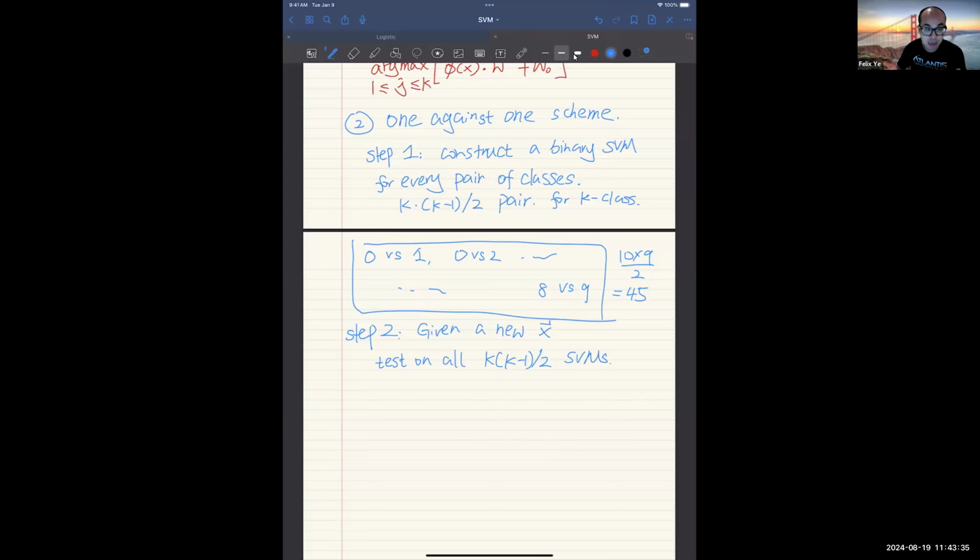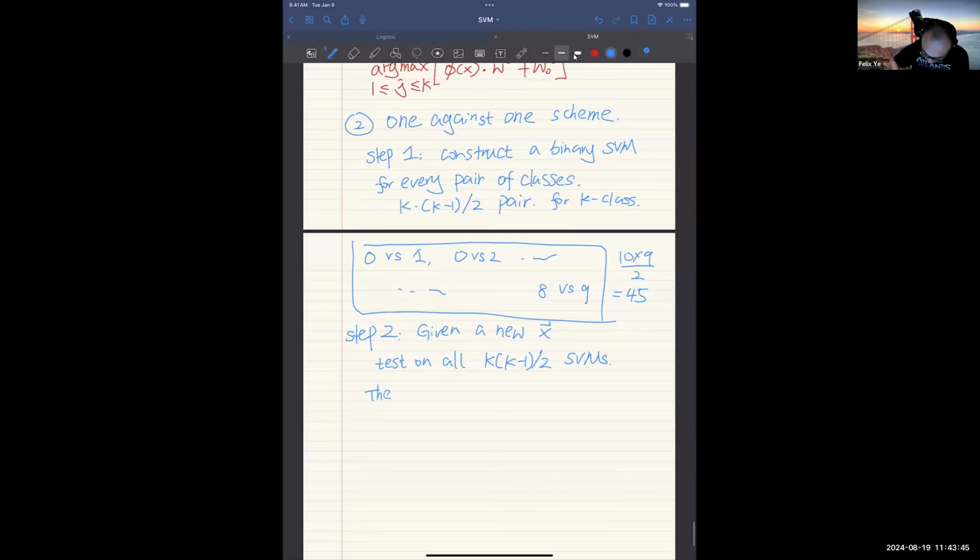A win for one class is a vote for that class. The class with the most wins is the predicted class.